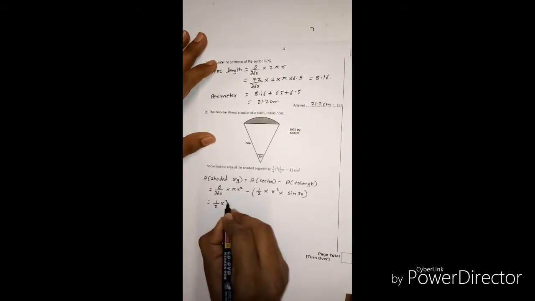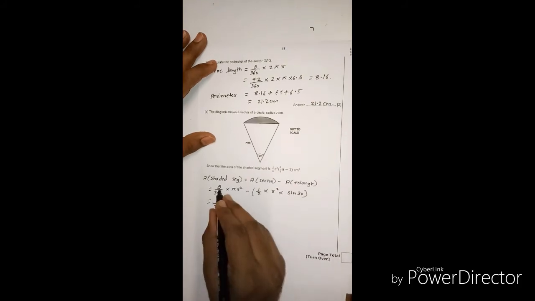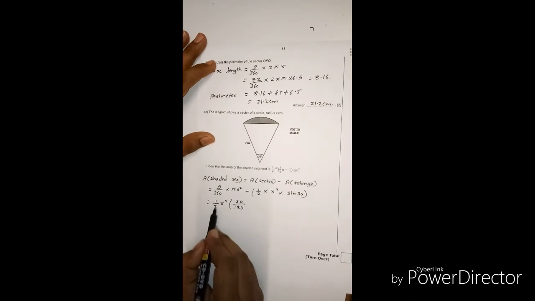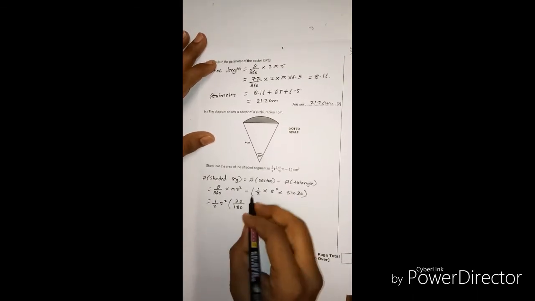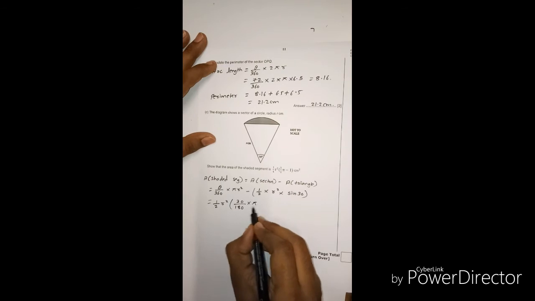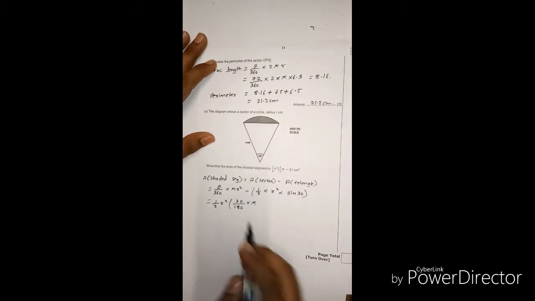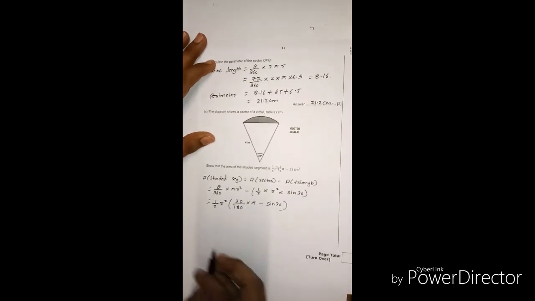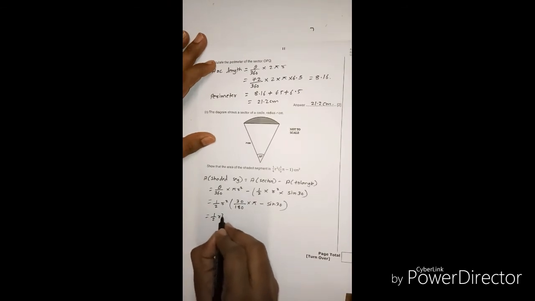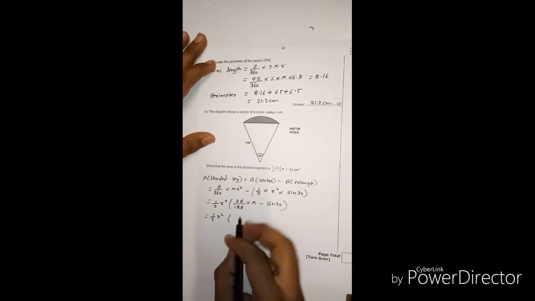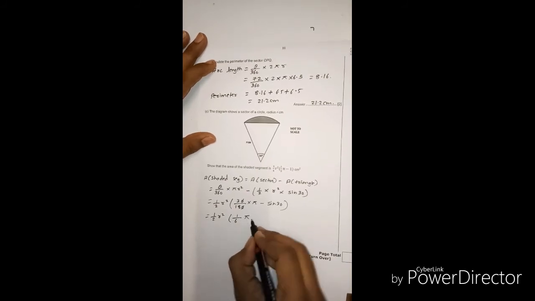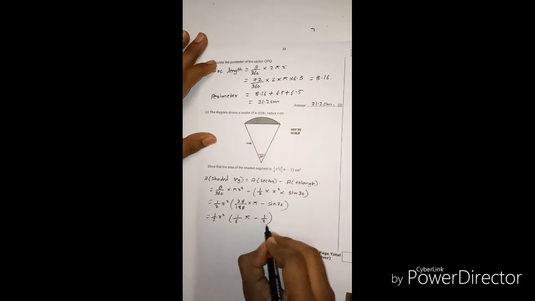So if I take half r square common, this theta is 30. So 30 upon 180, as I have taken 1 by 2 common, this 360 will become 180, into pi. I will not write r square because I have taken r square common, minus half r square is already out, so it is sine 30. I know the value of sine 30. I'm just cancelling it so that it will be easy. 1 upon 6 pi minus sine 30, it's half.